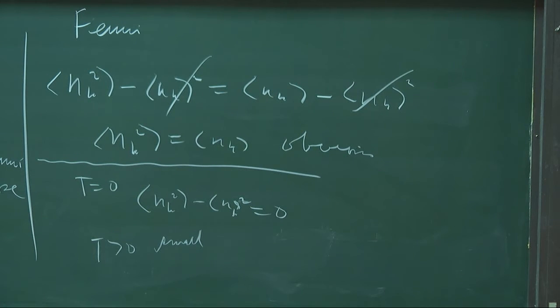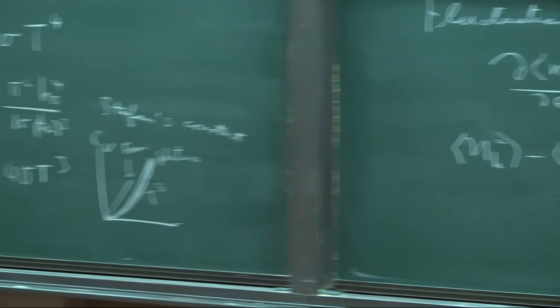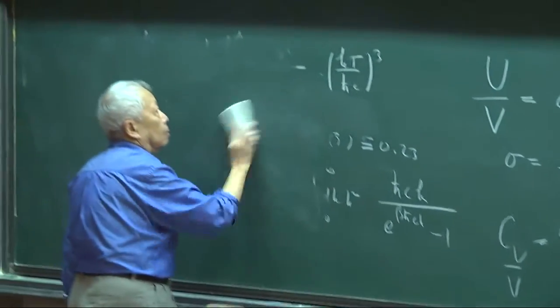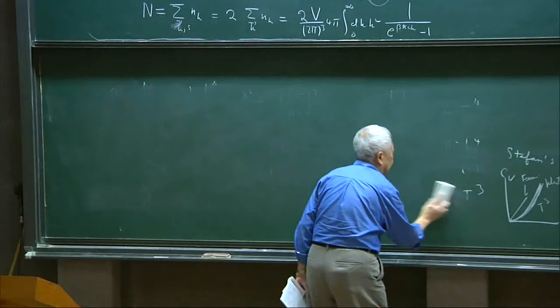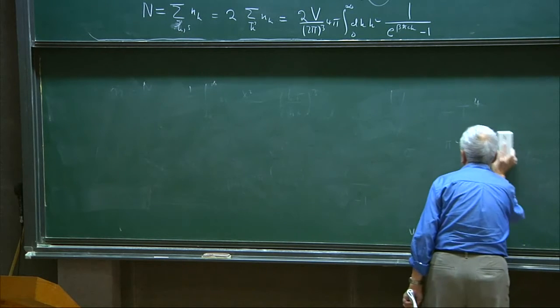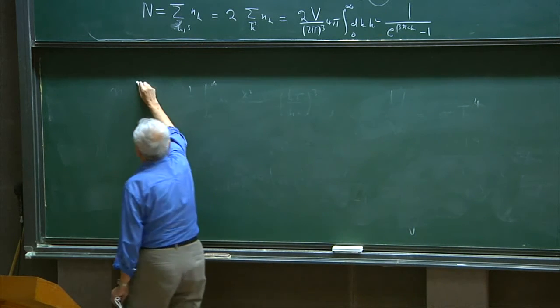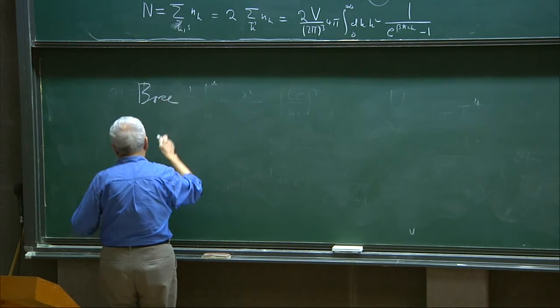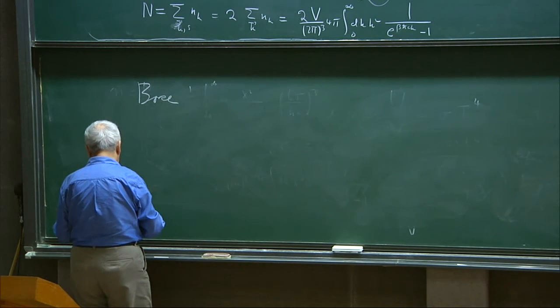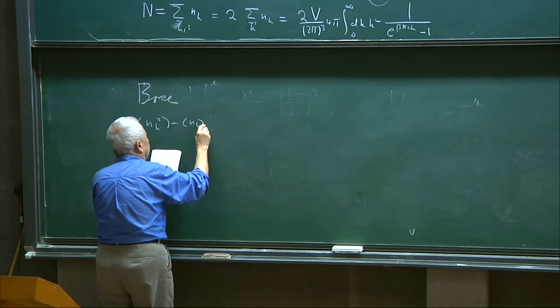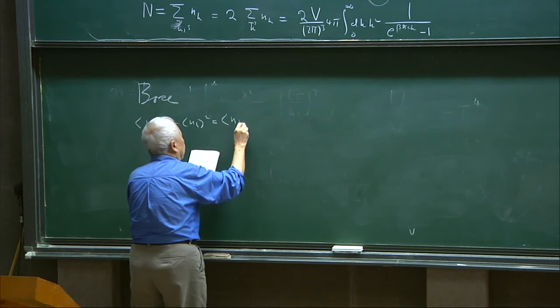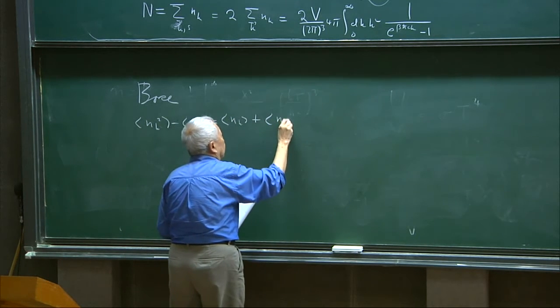For the Bose case, it's more interesting. For the Bose case, you get the fluctuation n_k squared minus the square of n_k is equal to n_k plus n_k squared.